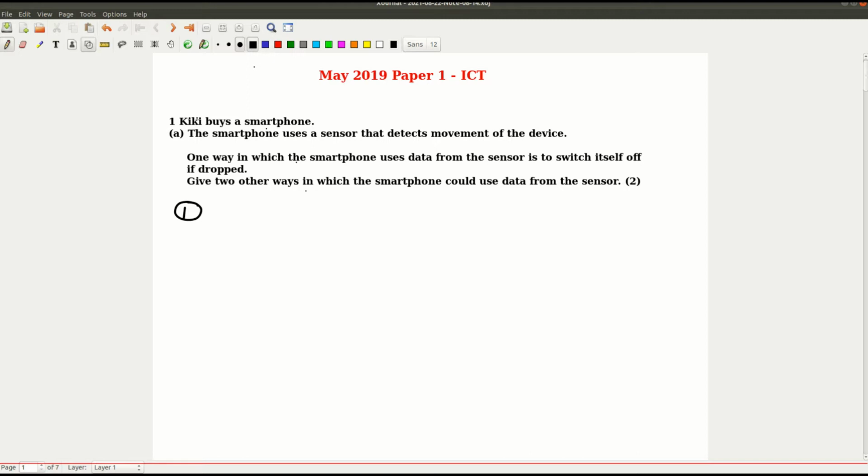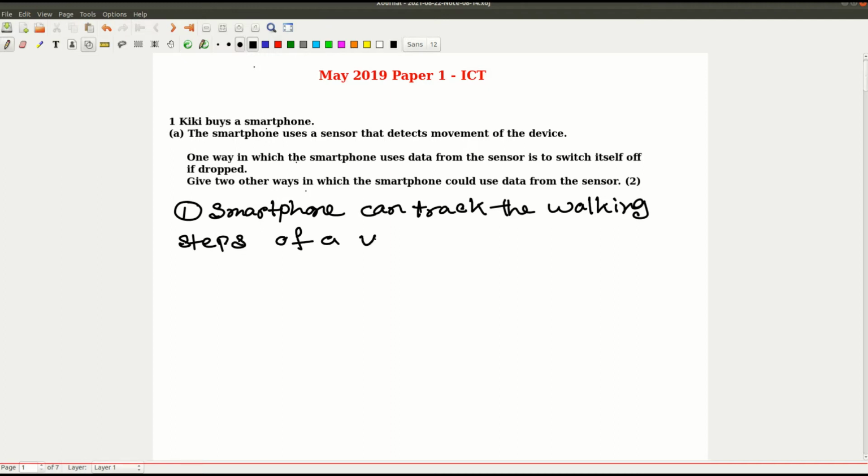So we can write: smartphone can track the walking steps of a user by using data from the sensor.